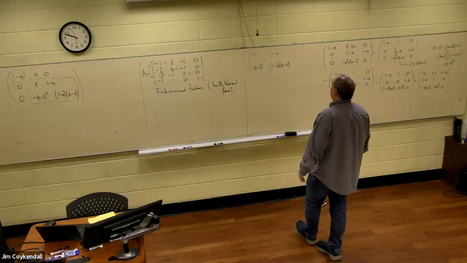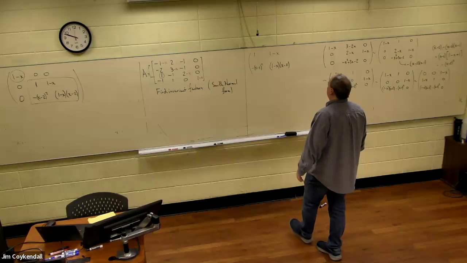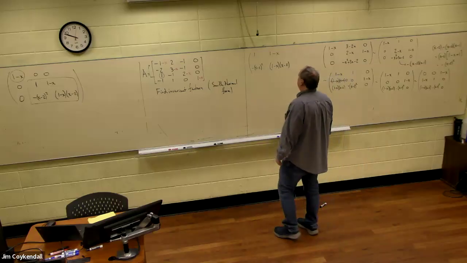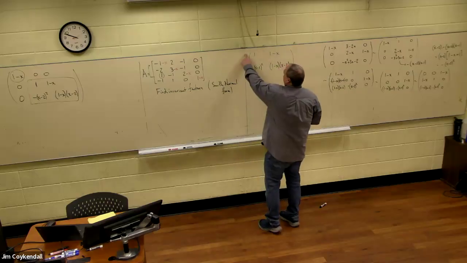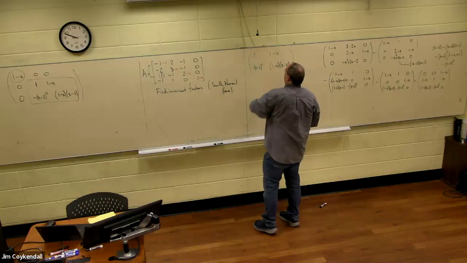Now, I guess what I want to do is, yeah, I guess it doesn't matter that much. I'm going to take this column out. I'll multiply this by x minus 1 and add it here.